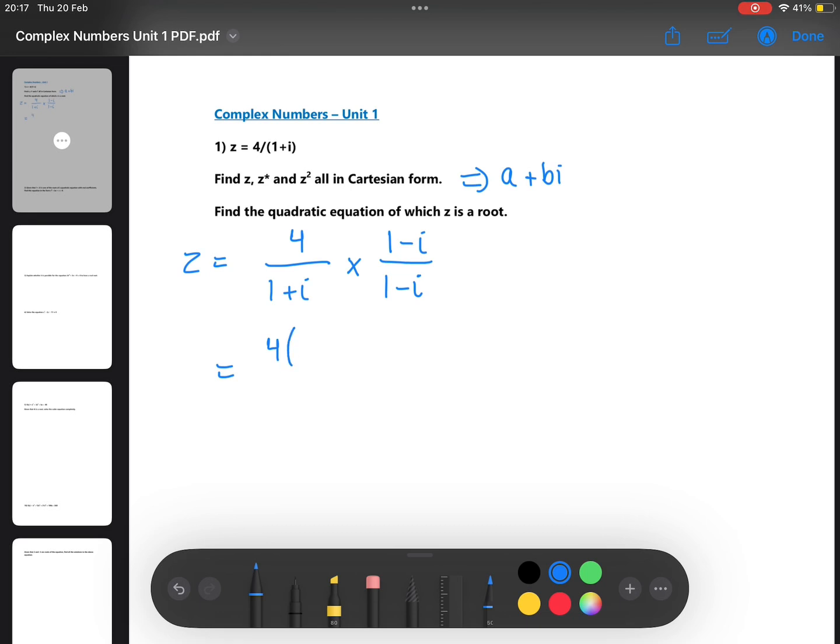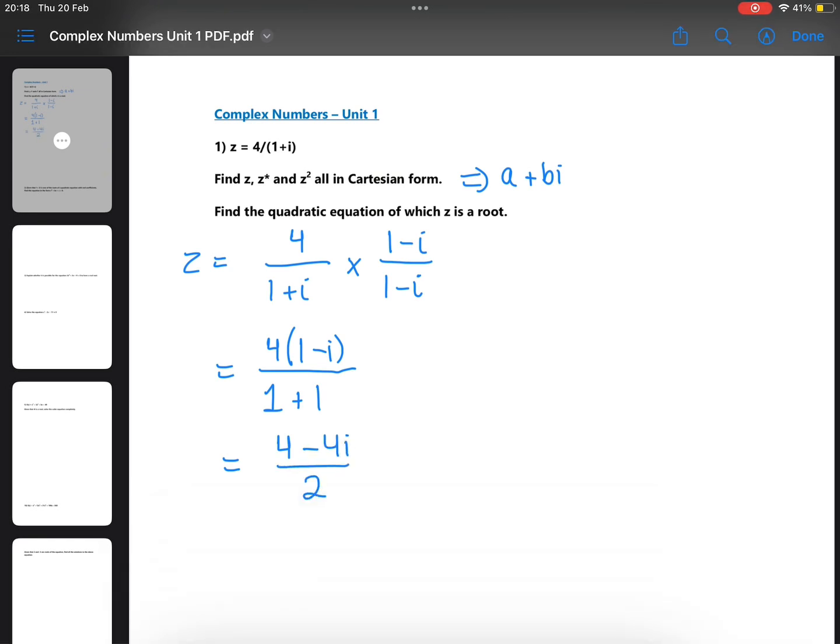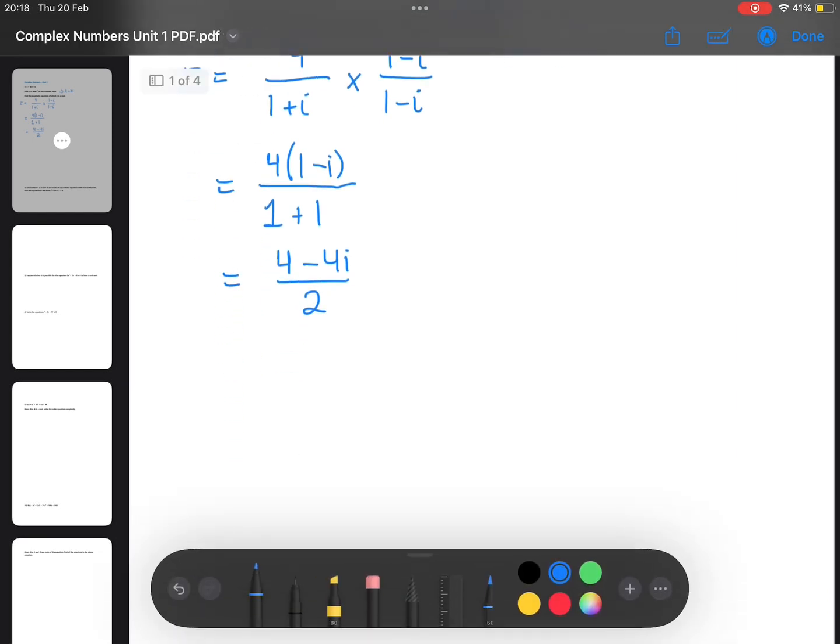So this is 4 times 1 minus i over, and then 1 plus i times 1 minus i gives us 1 minus i squared, and i squared is negative 1. So this is 1 plus 1, which is 4 minus 4i over 2, which is 2 minus 2i, and that's z.